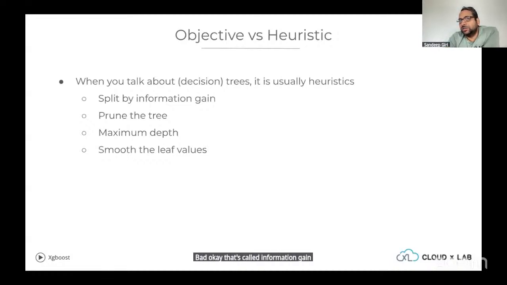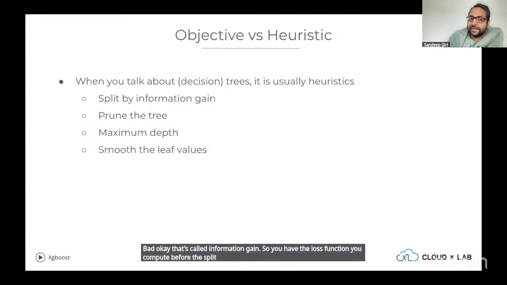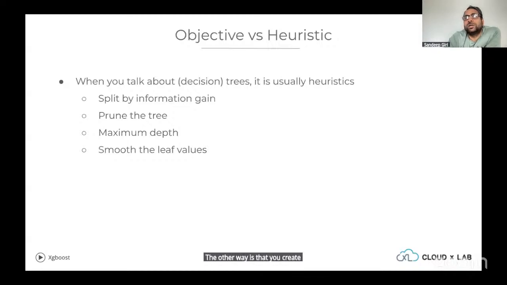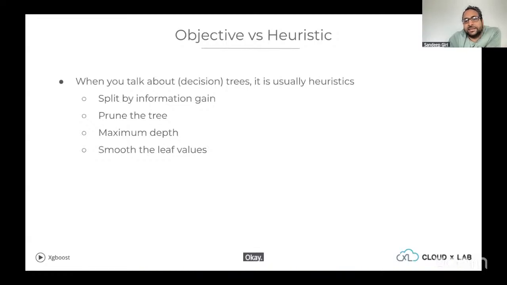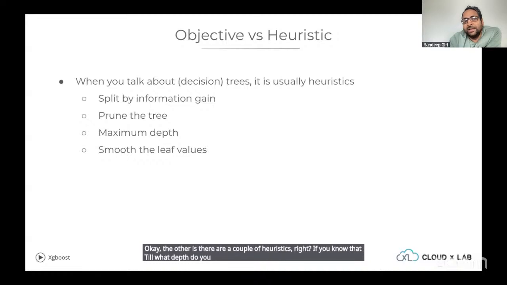So you have the loss function, you compute before the split, after the split, and check whether it went well or became worse. The other way is that you create the tree, you come back and evaluate again, and that's called pruning the tree. The other is there are a couple of heuristics. If you know till what depth you can go, that will also help in training the model.